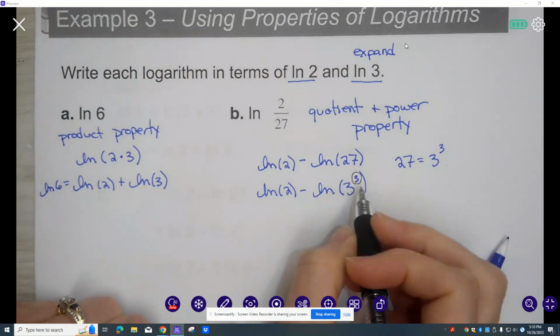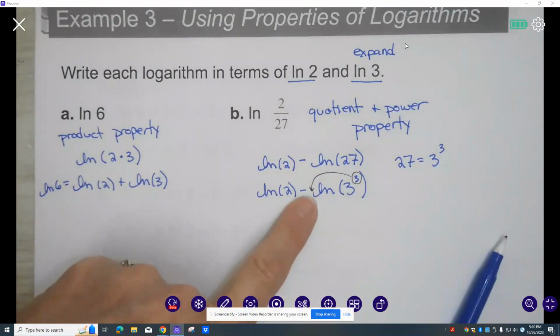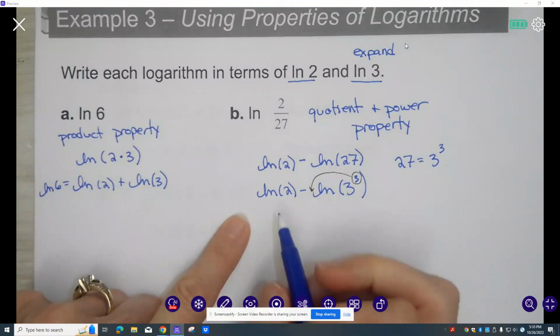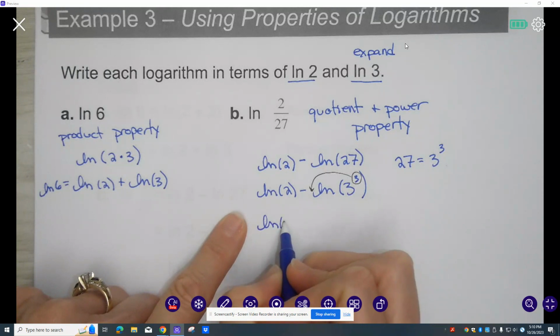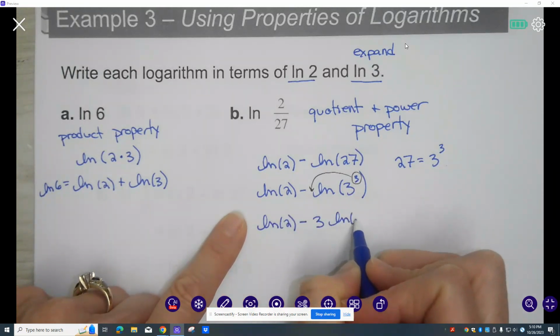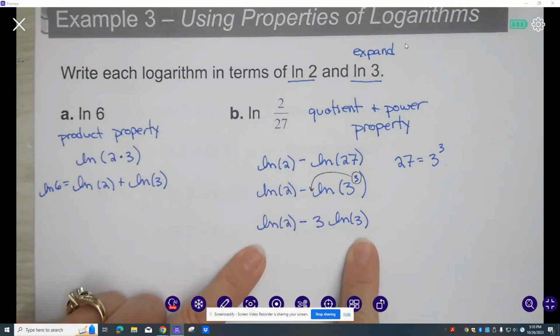It says if you have an exponent, you can get rid of that exponent and hop it down in front. It's going to look like a constant multiplied by this natural log. So now I'm going to have natural log of 2 minus 3 times natural log of 3. So I've expanded it all the way out.